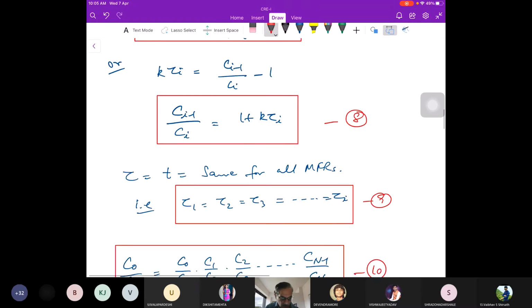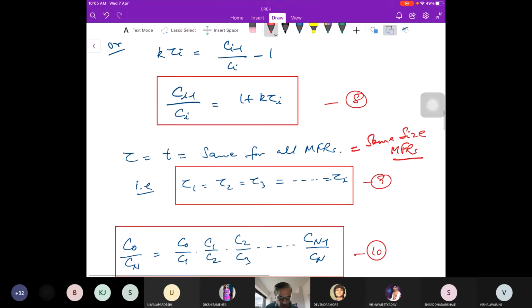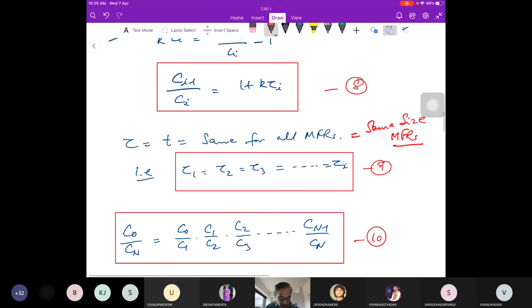Okay, so now if you assume that they are all the same size, right? The size is the same. ऊपर ही बोला था हमने same size reactors. So if they are the same size, then tau is the same for all the reactors. That means tau 1 is equal to tau 2 equal to tau i, right?